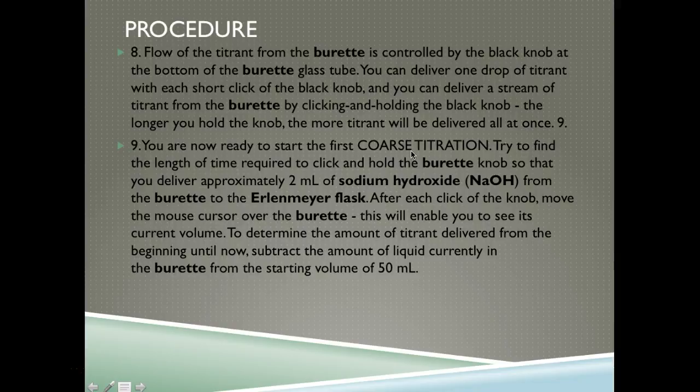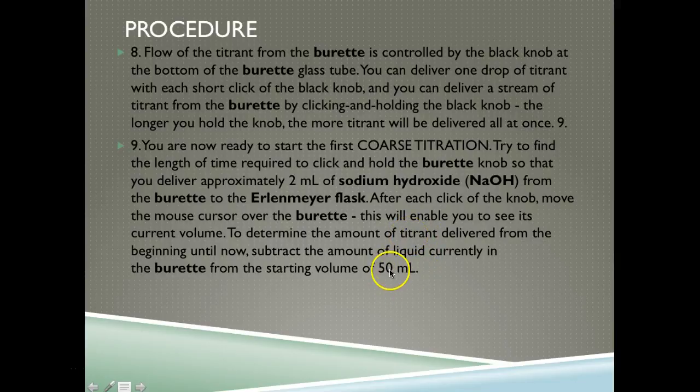All right. So what you do is you add 2 mL of the sodium hydroxide to the flask, all right? And then each time you're clicking on the knob, make sure you note what the volume is in the burette, all right? Then you add another small portion of NaOH, all right, by just doing a series of clicks on that black knob, okay?